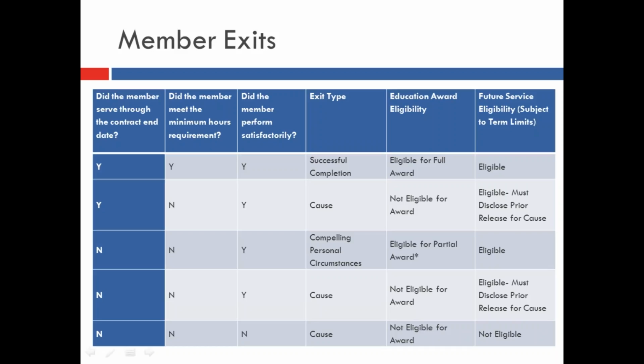Some people get confused by this, thinking that if a member serves the entirety of the service term through their contract end date, they are just not finishing, not completing successfully. But for eGrants purposes, how the education award is given out, that's all a cause exit. So don't confuse yourself.